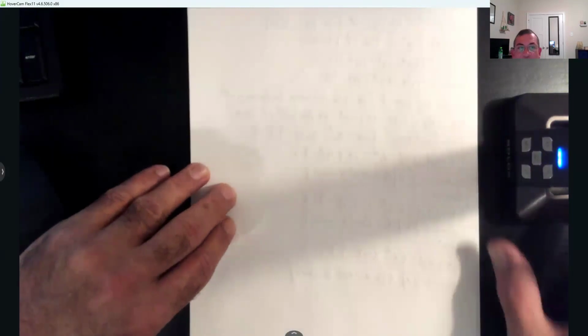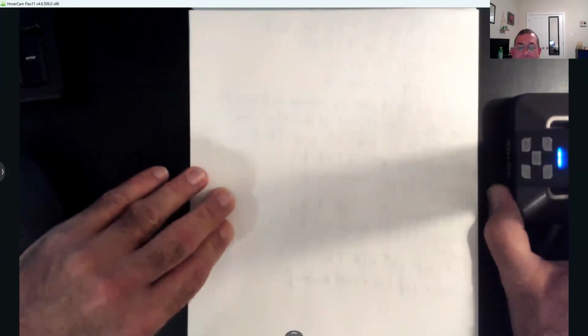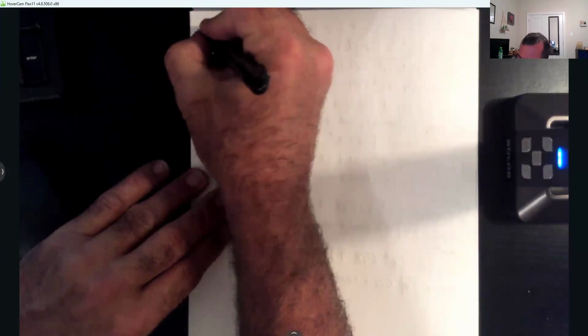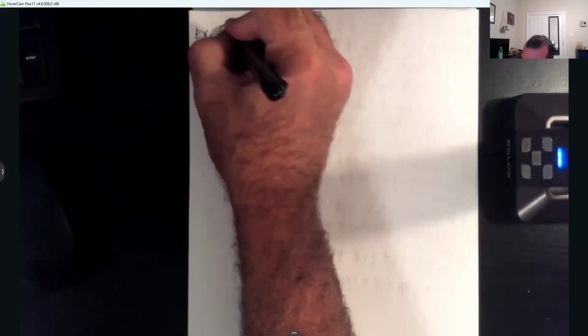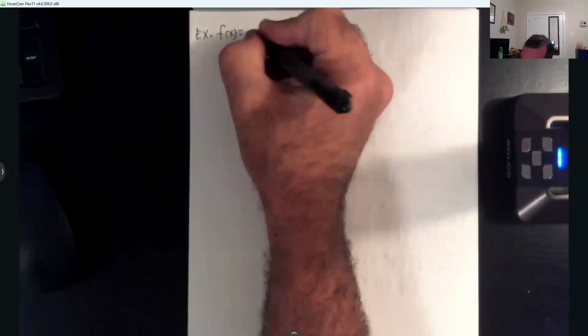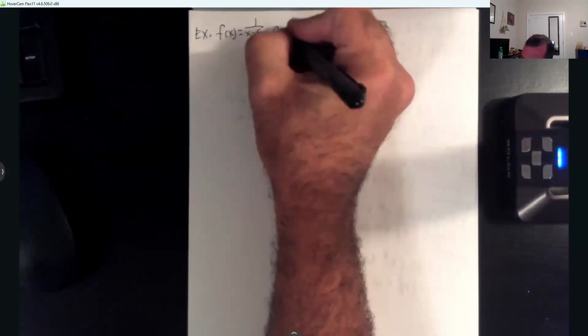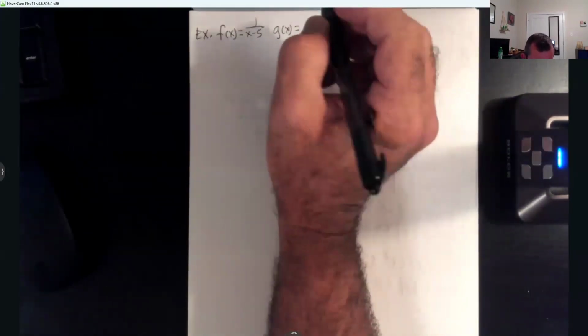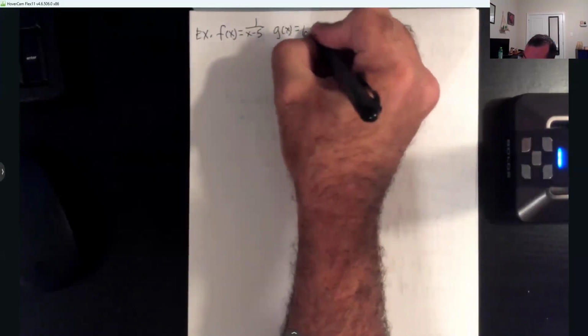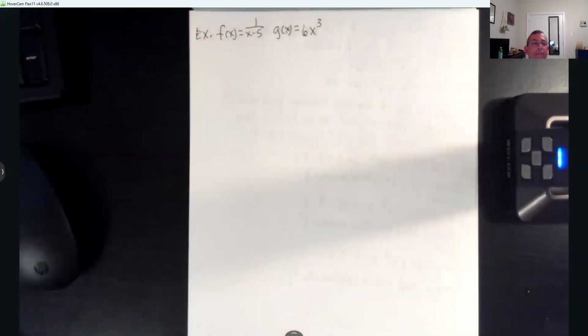All right, so here we go for the next one. Same instructions. This time, y'all, they're giving us f of x equals 1 over x minus 5. G of x is going to equal 6x to the third.